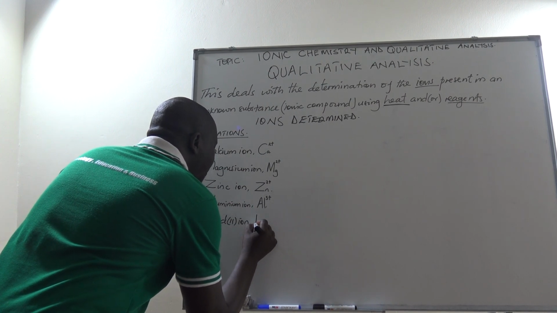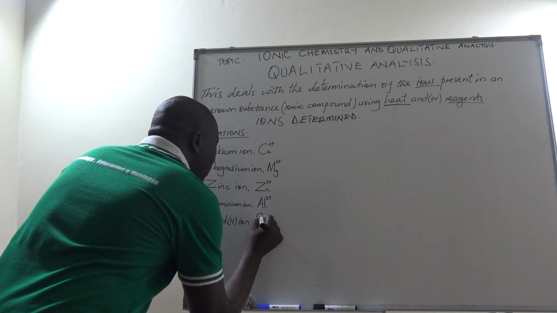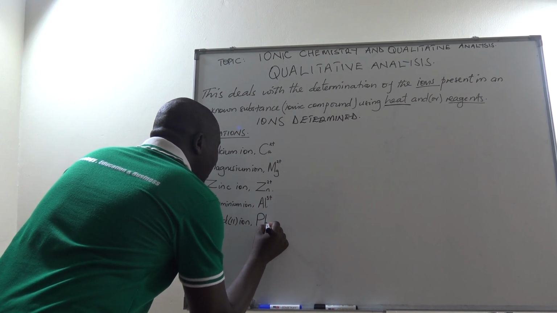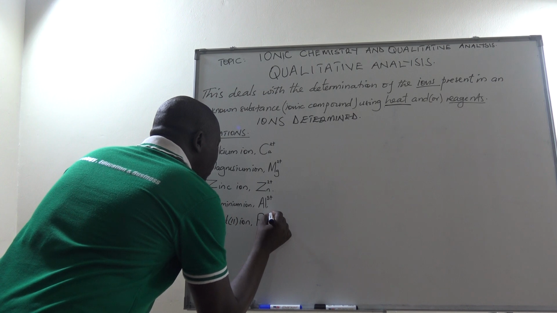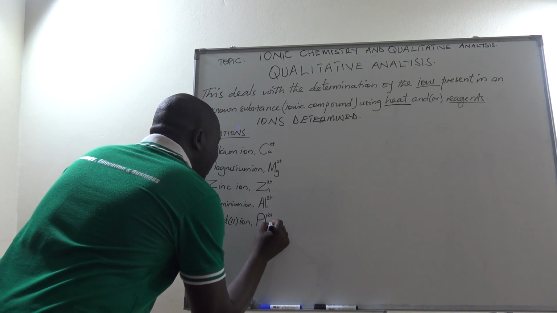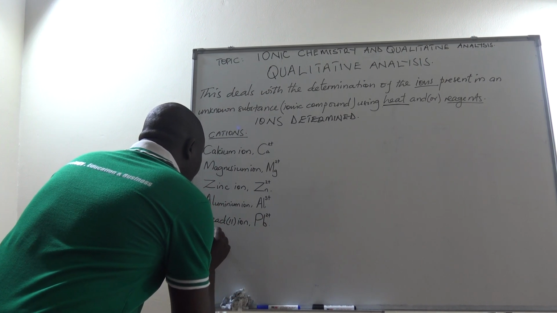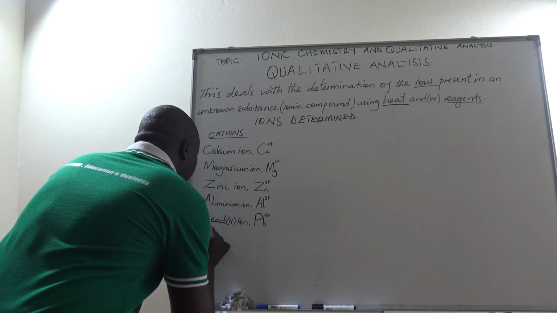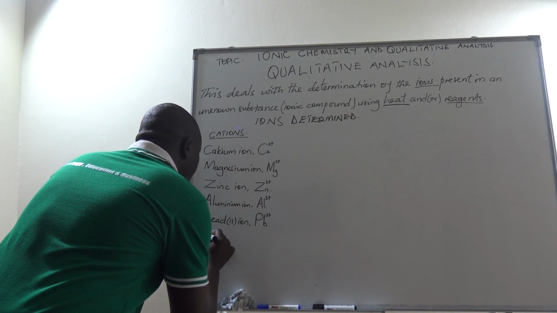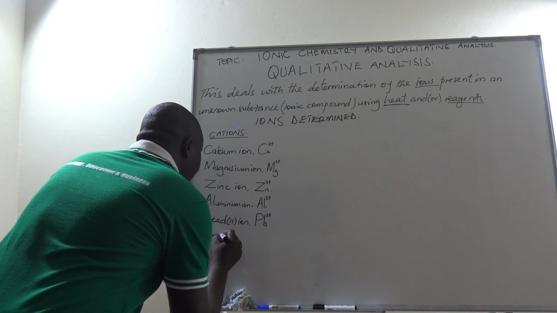That is capital P, small b, 2 plus, that's lead 2 ion. Then we have ammonium ion.